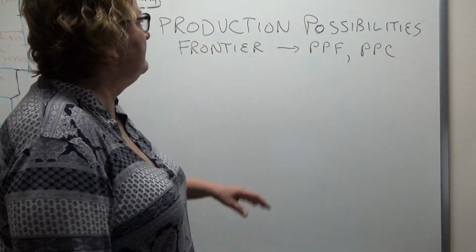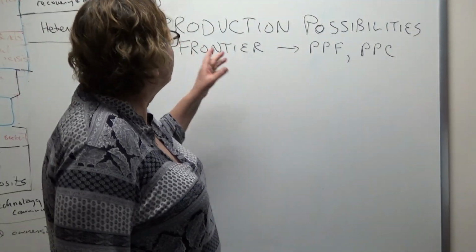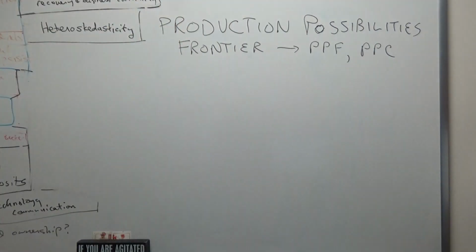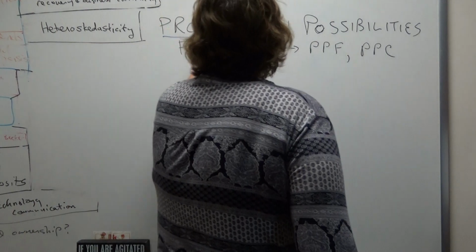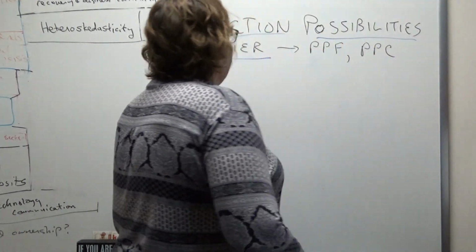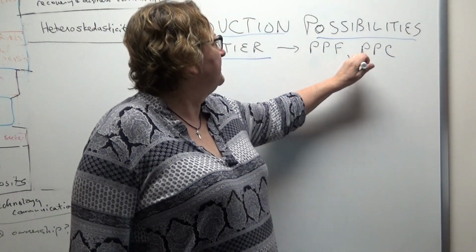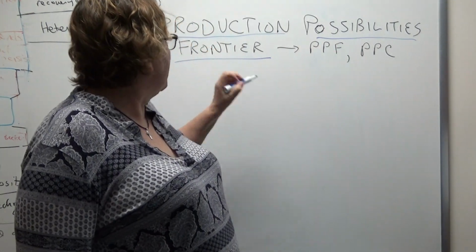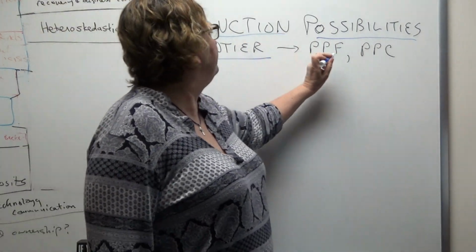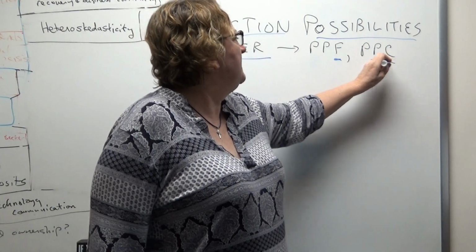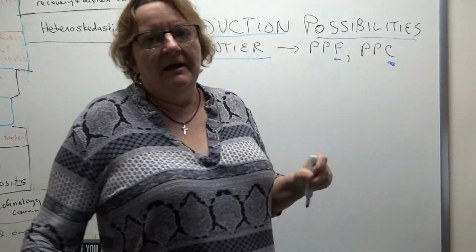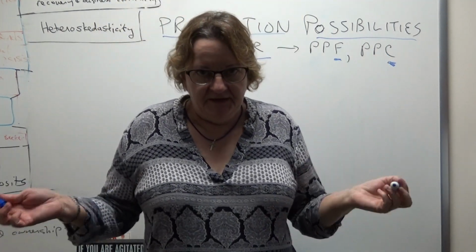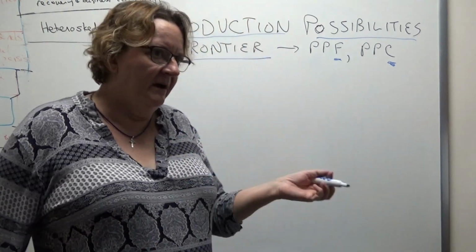Okay, we're going to be talking about the production possibilities frontier. I wrote this. I need to check and see if it actually is showing up here. It is. Okay, production possibilities frontier. It used to be called the production possibilities curve. So now it's PPF, and it used to be PPC, and sometimes I'll say PPC, and I mean PPF.